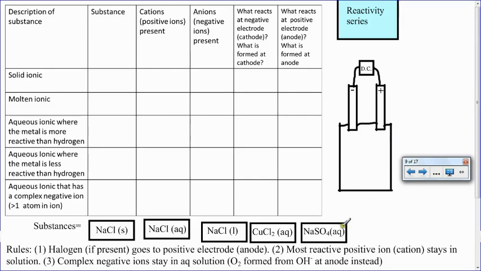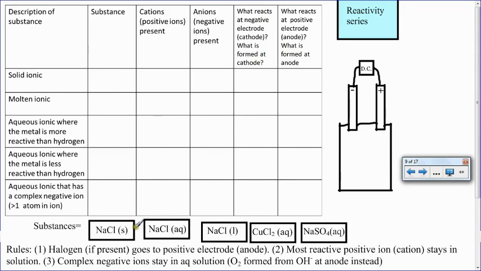So we said that you could be given a range of compounds, and you need to try and classify these, and you've got 5 different descriptions here, and we're going to try and match these up one by one to predict what will react and what will be formed at the 2 different electrodes. So first of all, we're looking for solid substance.